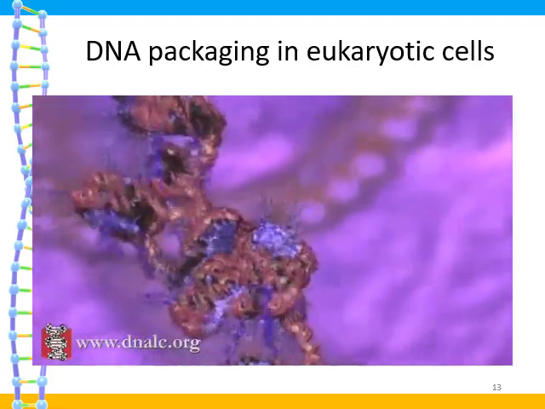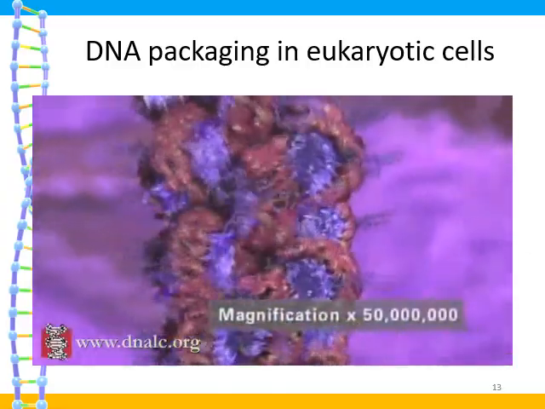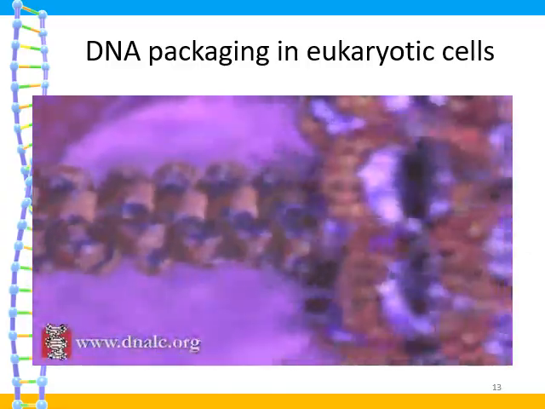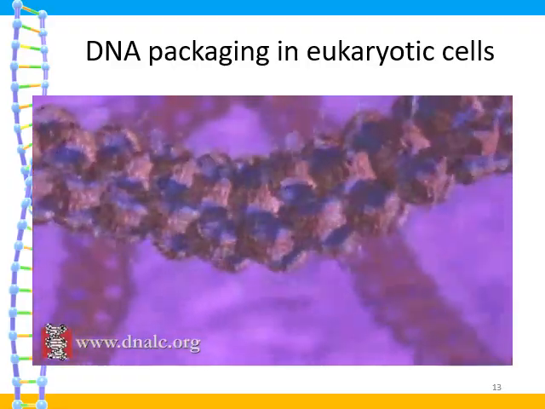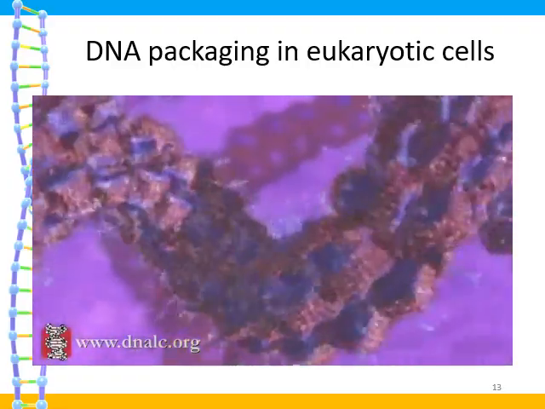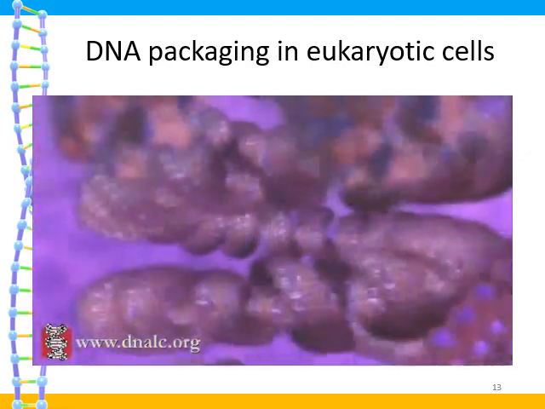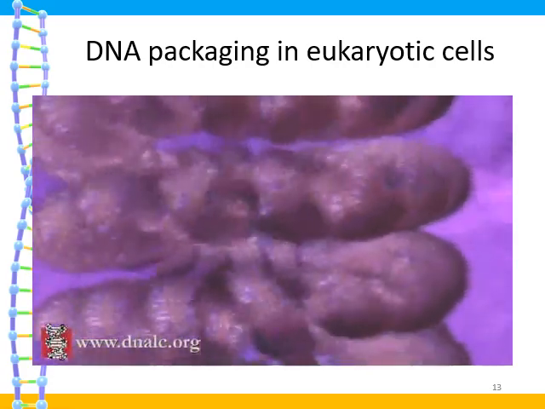And then these nucleosomes can also make a three-dimensional structure. Here it is shown at a magnification of 50 million times. And this fiber that is formed is called the 30 nanometer chromatin fiber. So it is the second order packaging of the DNA. It also forms a helical structure, which is shown here at a magnification of 10,000.